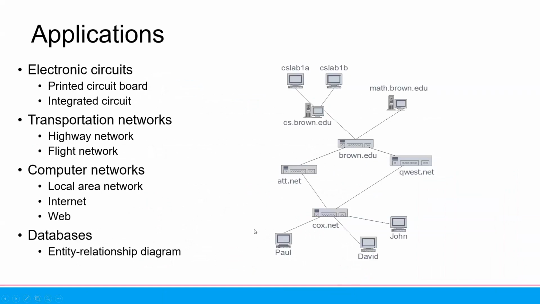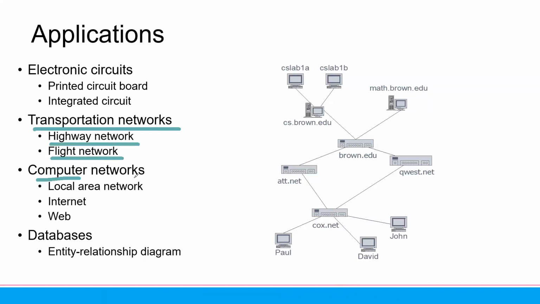There are many applications we can use, in electronic circuits, printed circuit boards, integrated circuits. Or if you are dealing with transportation networks, there are many networks like highway, flight, bus, train. Those kinds of networks also use graphs.